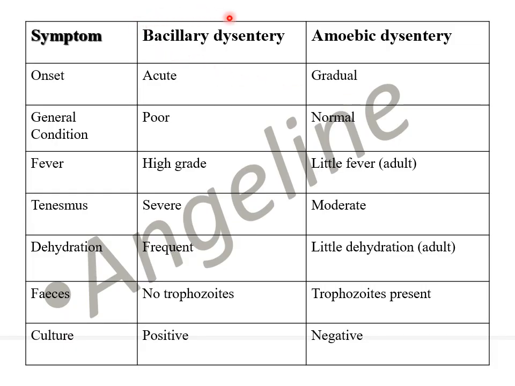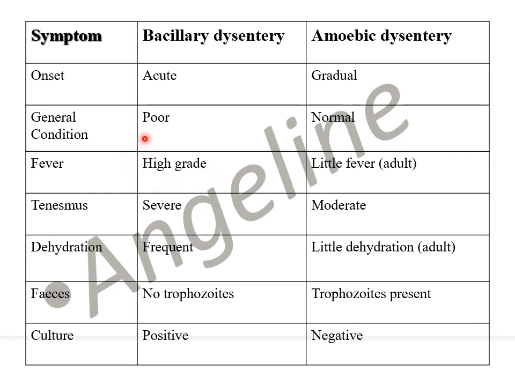So your main thing is to differentiate bacillary dysentery from amoebic dysentery on clinical grounds and then of course on the lab support investigations. Bacillary dysentery is acute, 1 or 2 days, but amoebic dysentery is not usually acute. They will say about a week. General condition will be very poor in bacillary dysentery. This is very important, it's a big clinical clue, whereas it will be normal in amoebic.